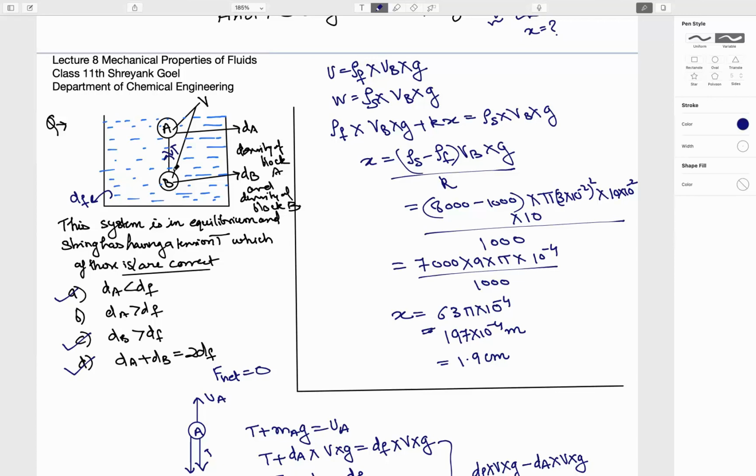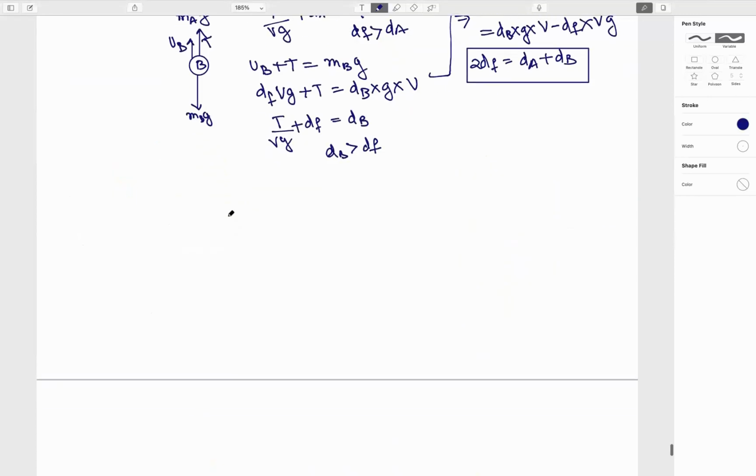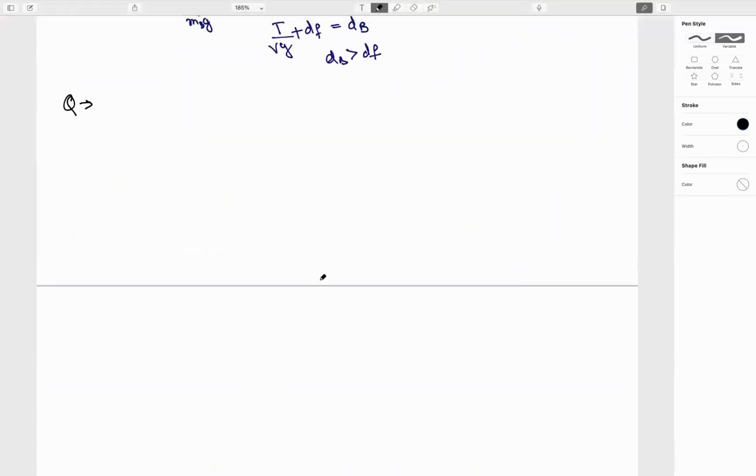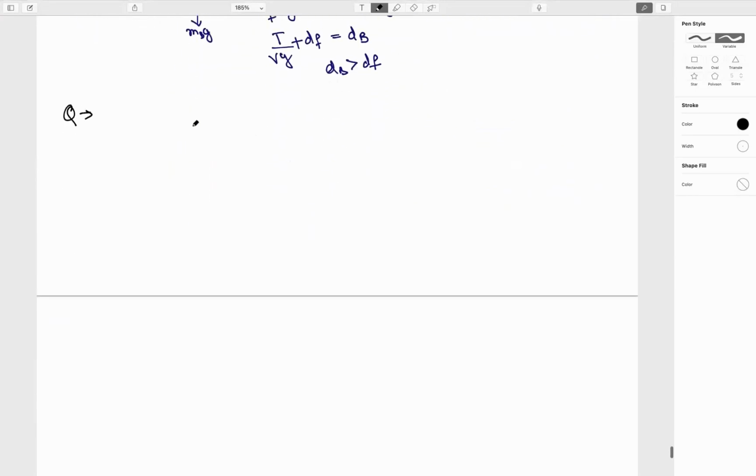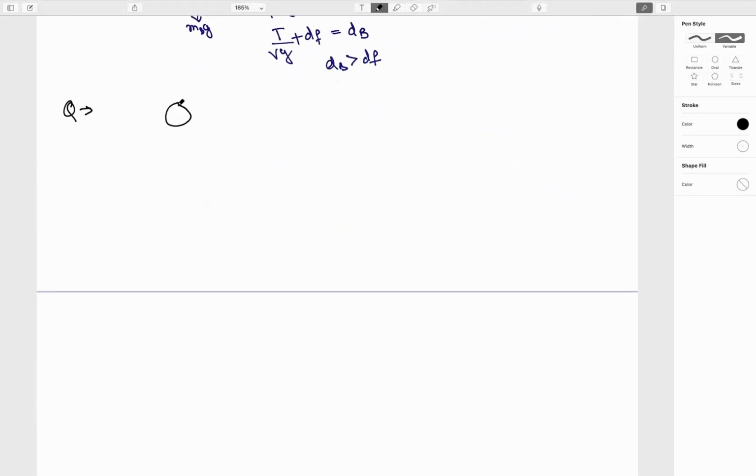Okay, let's look at another question. Another question is you have a similar system. You have this block A of density rho, another block of density 3 rho, placed inside a fluid.